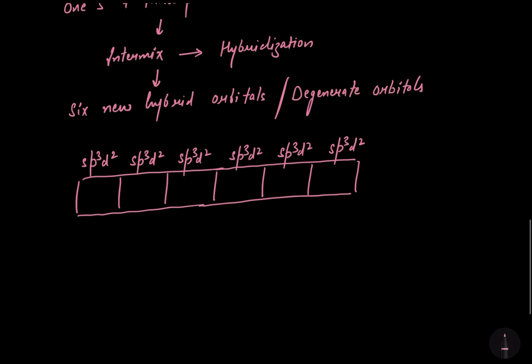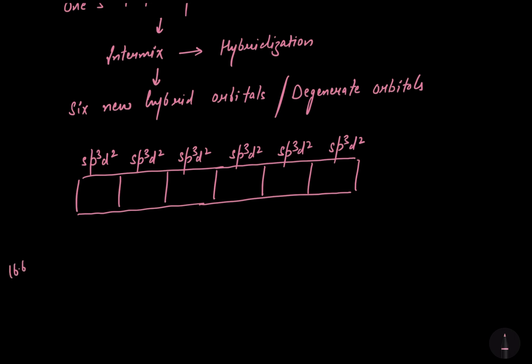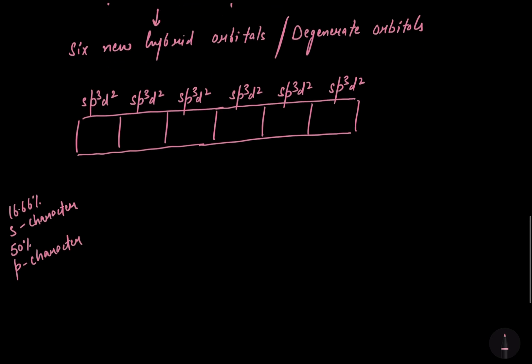So we are having 16.66% S character, 50% P character, and 33.32% D character per hybrid orbital.